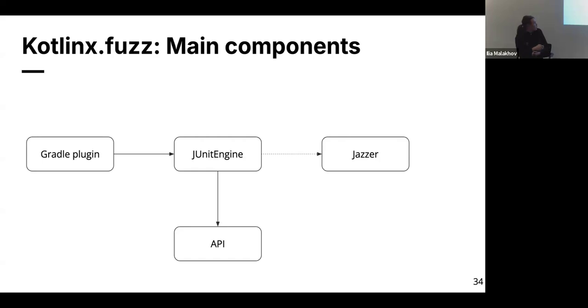We have a JUnit engine to integrate, which is used by our Gradle plugin, but it also allows support for IDEs and other build systems than Gradle, at least theoretically. And we finally have Jazzer as the fuzzer, so we actually can utilize all the good things from it.